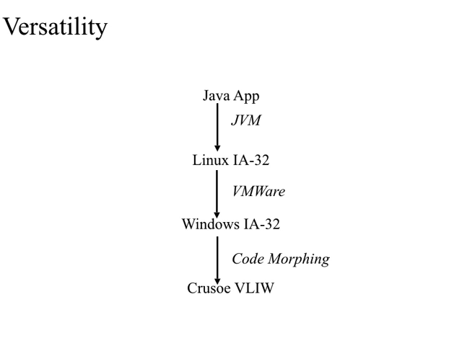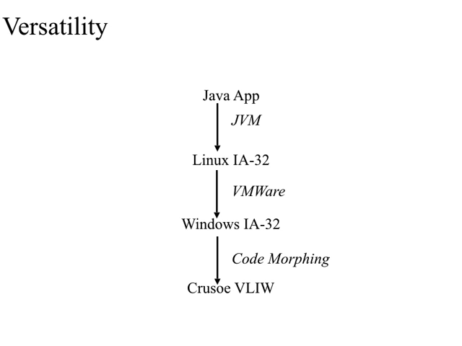So this is an example of the various combinations by which you can use virtualization. For example, you could have a co-designed virtual machine running on a VLIW processor. The hypervisor in this case is called a code morphing hypervisor, which allows you to run a Windows operating system and its applications.